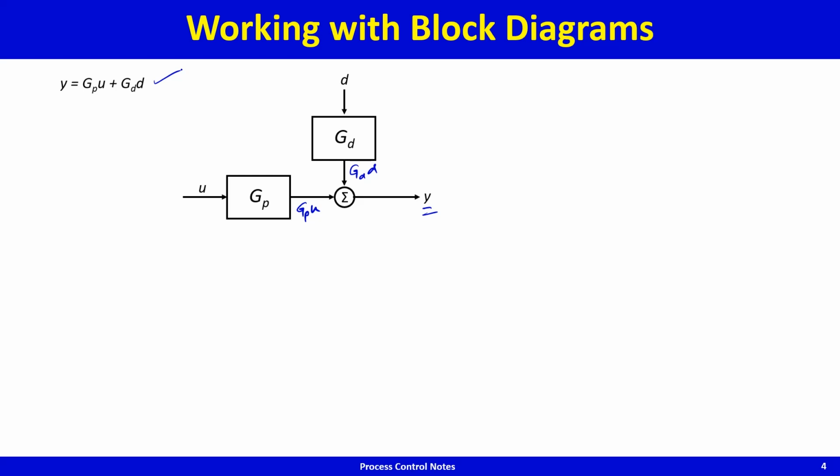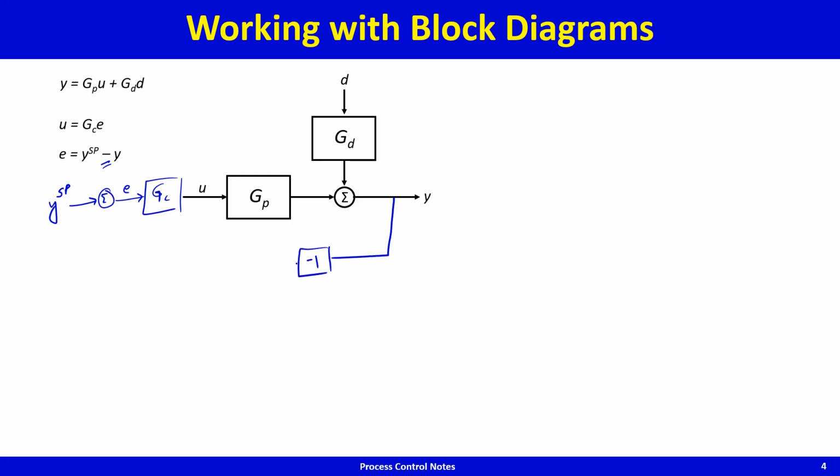Now let's say we apply a feedback loop. So we're going to say U is GC times E, and E is Y set point minus Y. So E is the summation of Y set point, and we are taking minus Y, so we take the Y signal, multiply it by minus 1, and then shove this into my summation.